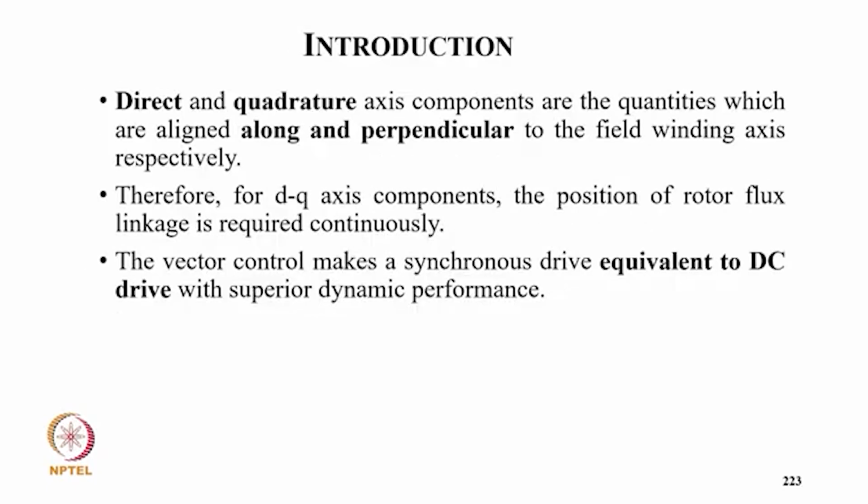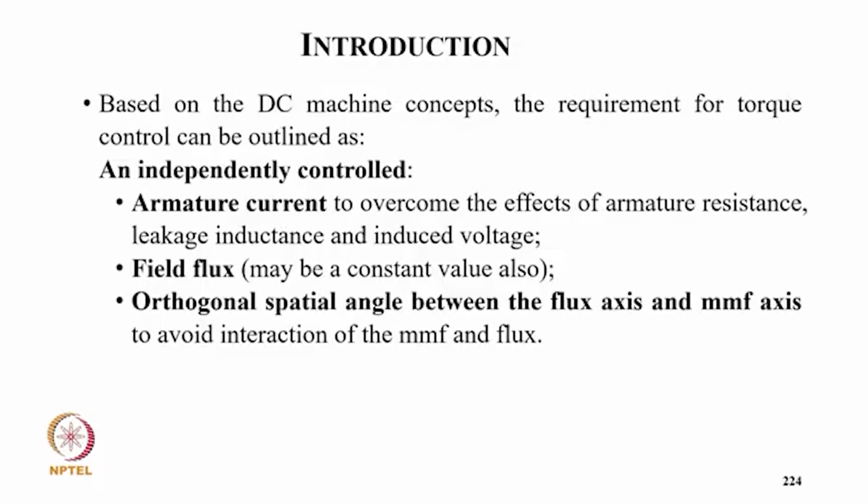Direct and quadrature axis components are the quantities which are aligned along and perpendicular to the field winding axis respectively. Therefore, for DQ axis components, the position of rotor flux is required continuously, and vector control makes a synchronous motor drive equivalent to a DC motor drive with superior dynamic performance.